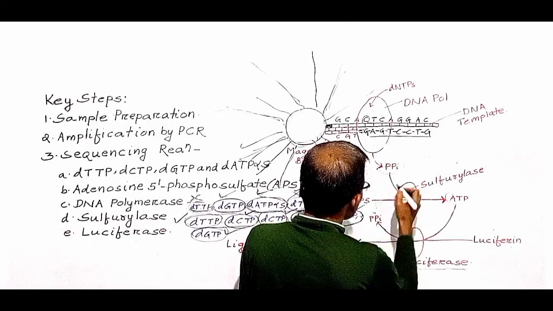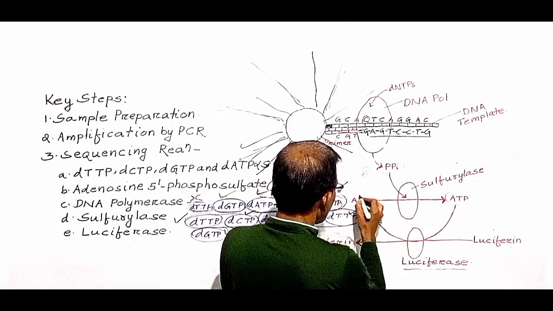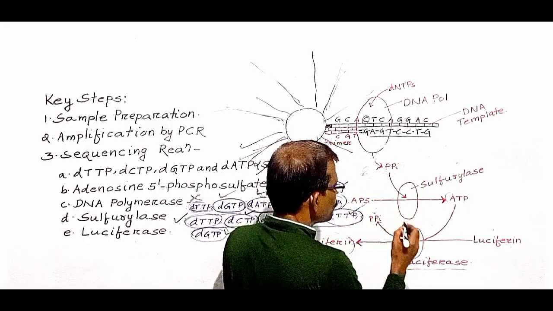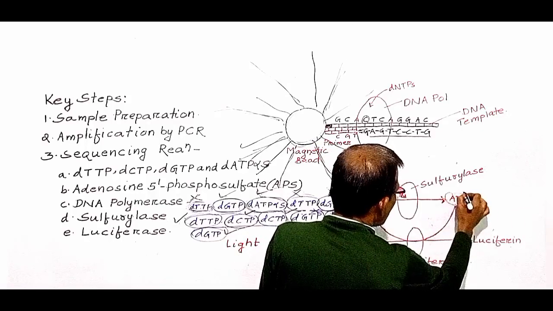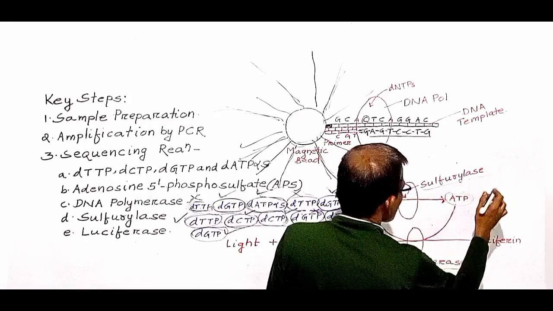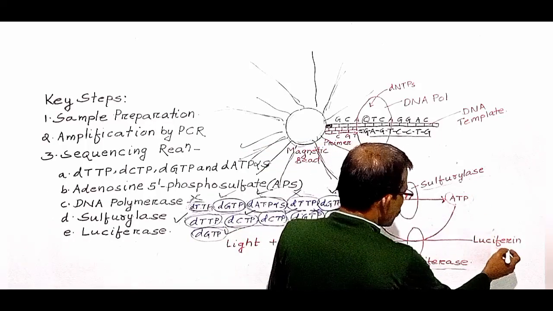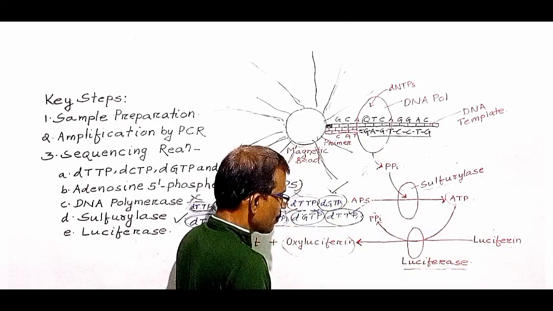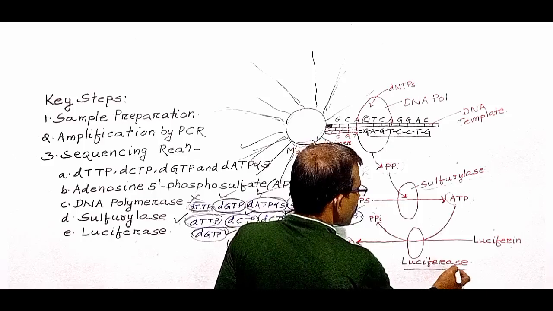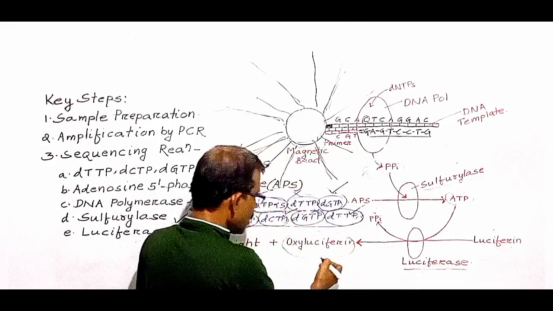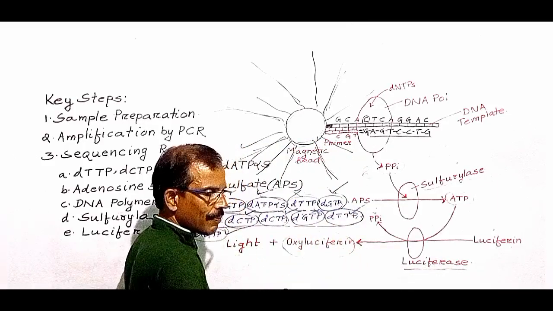Each pyrophosphate will react with adenosine 5-phosphosulfate to form ATP in the presence of enzyme sulfurylase. This ATP then reacts with luciferin in the presence of another enzyme called luciferase to yield oxyluciferin.